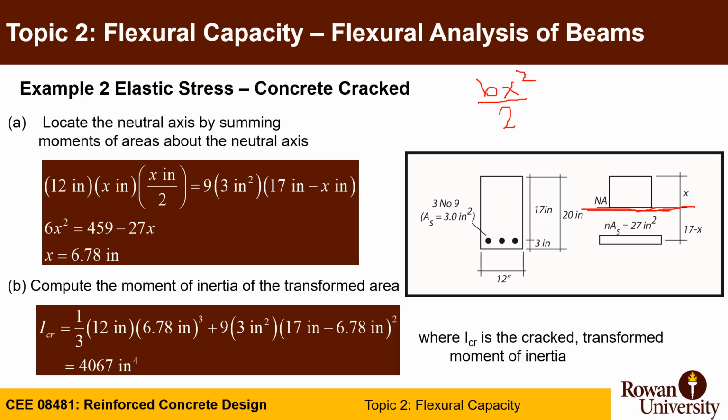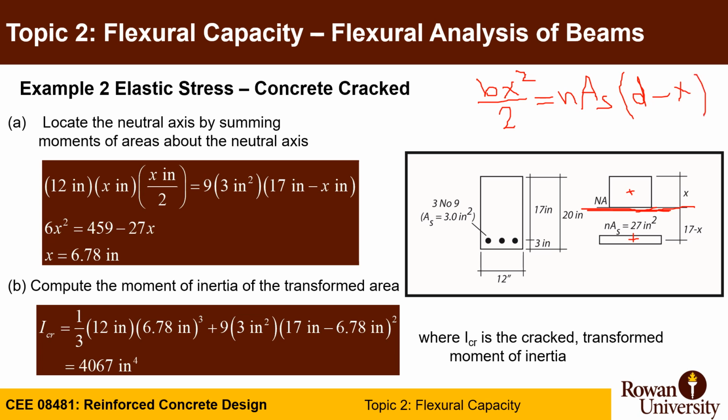So the moment of area is bx times the centroid, and the centroid of this one is at x over 2 from the neutral axis of the cross section. So you multiply bx times x divided by 2 and make this equal to the area here, which is nAs, and the arm, or the distance from the neutral axis of this area to the neutral axis of the cross section, is d minus x.